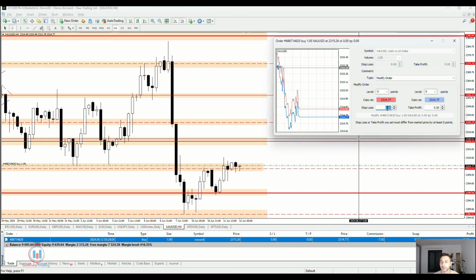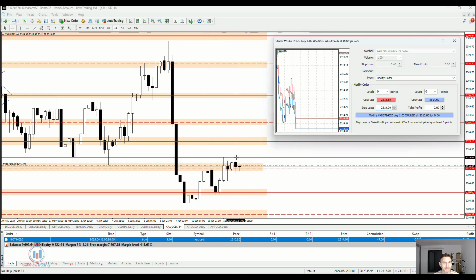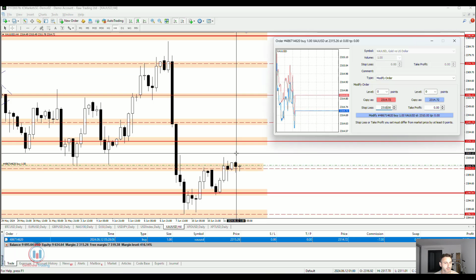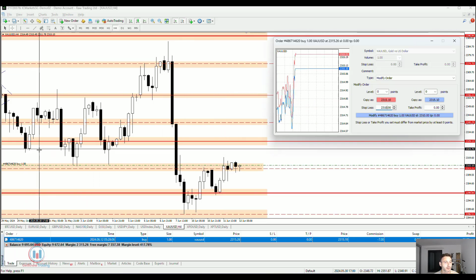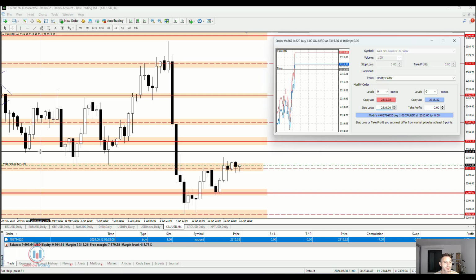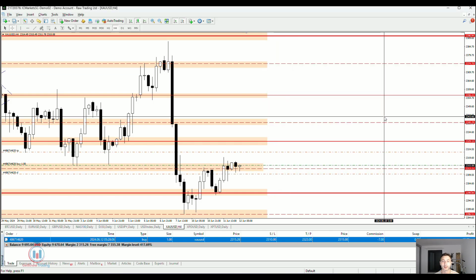So I'll put here 2310 as a stop loss, and the take profit I could, for example, put just a little bit above these wicks, but very close to these levels, right here. So I'm expecting that the price will reach this area, which will be 2323. It will be enough. For example, 2323, and click modify.